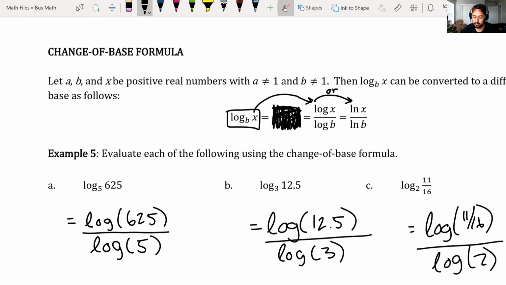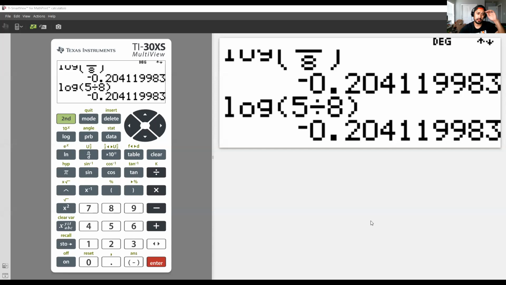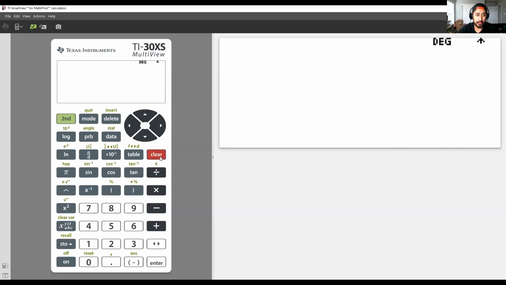Now let's go to our calculator. Okay, so we're going to type in the first one.